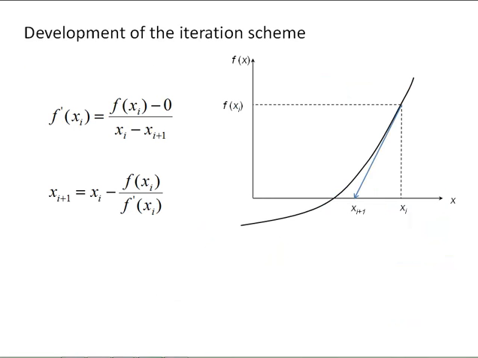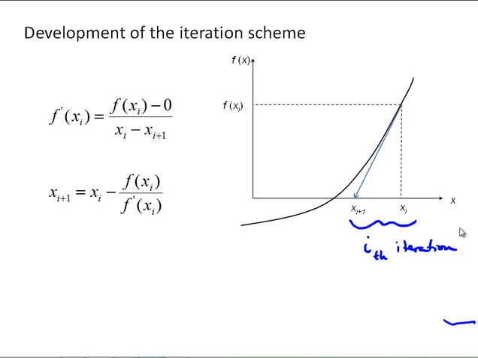If we look again at the ith step, now I've written this in terms of x sub i and x sub i plus 1, and coming up with that guess we will call the ith iteration.